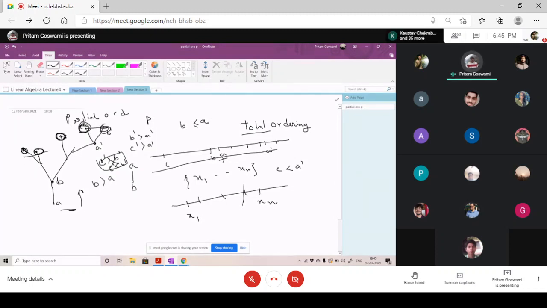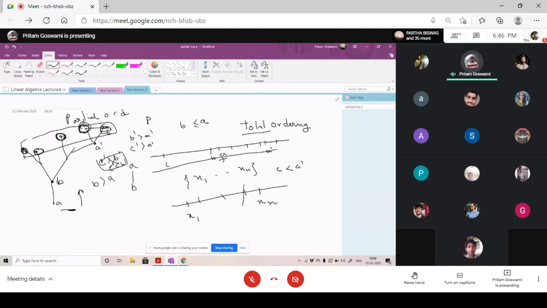So we call them maximal elements, because the maximum is unique, but maximal, there can be many maximal elements, and they cannot be compared. That's why they are maximal. You don't have to know it precisely, just get the idea. The idea is clear, right? Yes, sir.